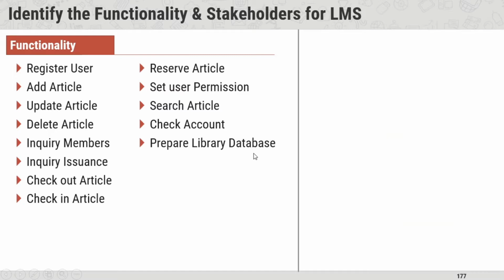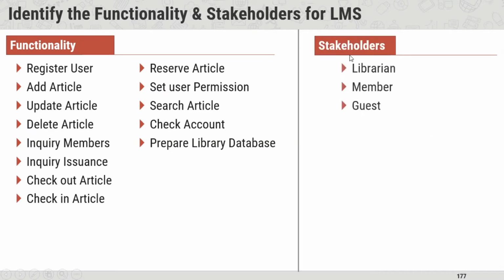The people involved in the creation and success of my library management system, such as your tester, your user, and others, are called stakeholders. The stakeholders for the library management system are the librarian, members of the library management system, and the guest.